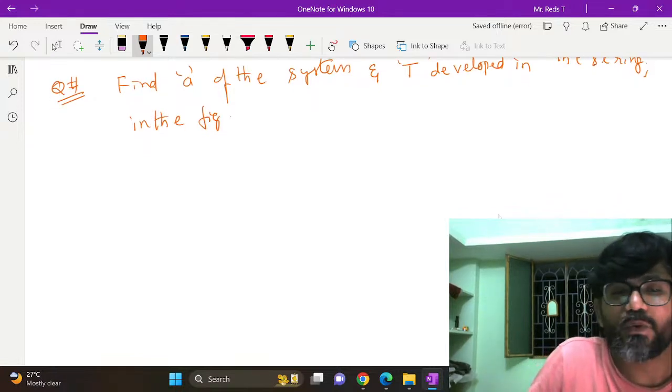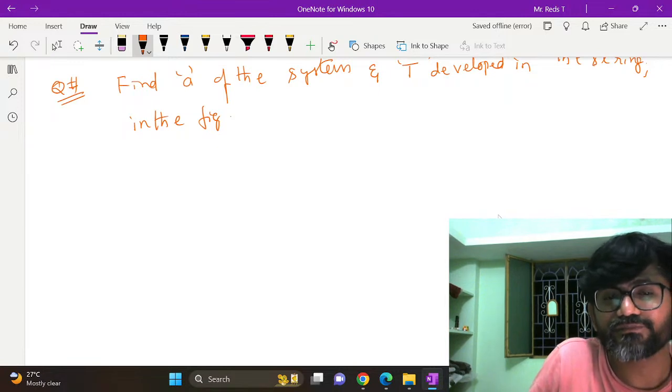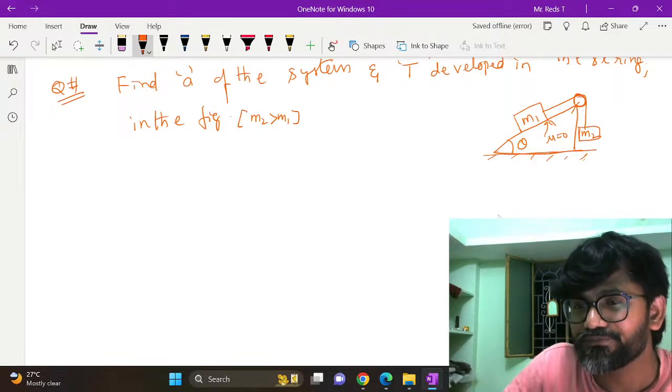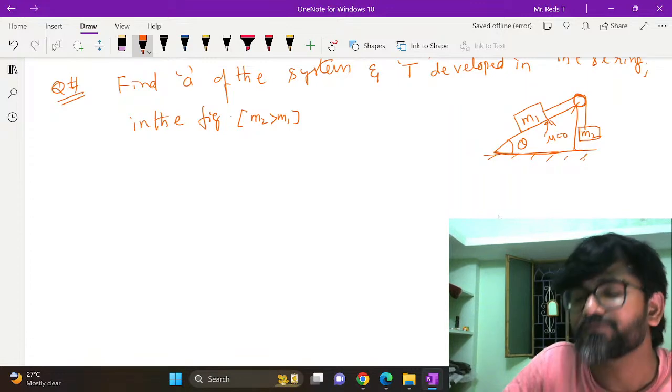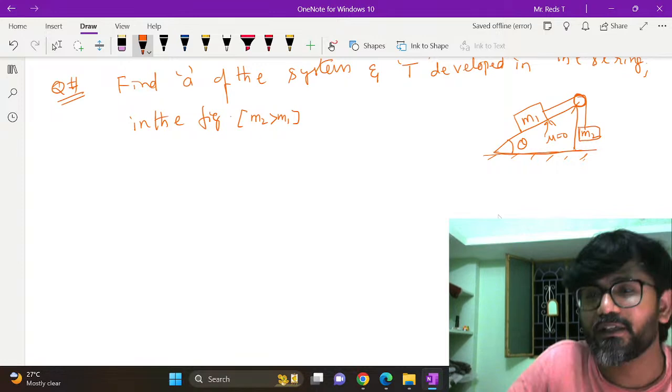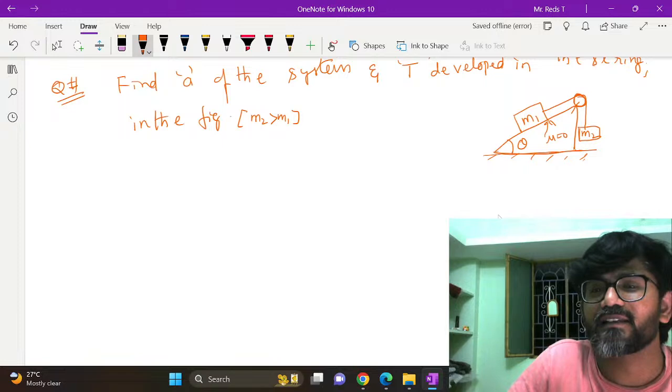Now we have a system, which I am giving here on the right side. It will move: M2 will move down, M1 will move up the incline because of the forces on these blocks, and as a result it will be moving with some acceleration. How to find that?